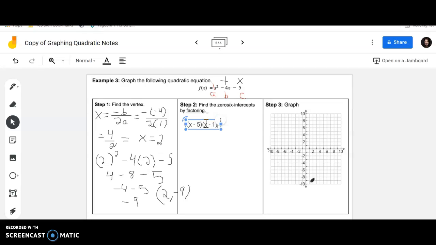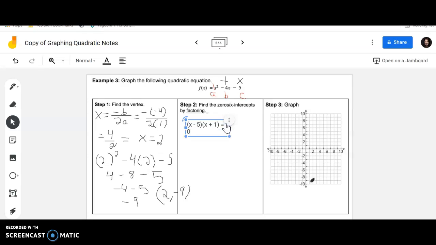Because negative 5 times a 1 gets us negative 5, and negative 5 plus 1 adds to be negative 4.